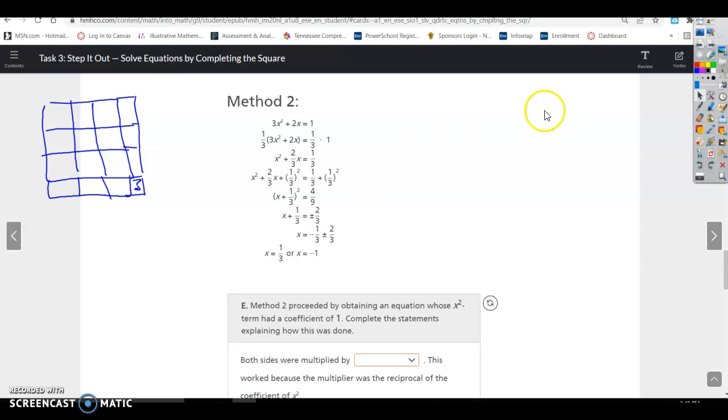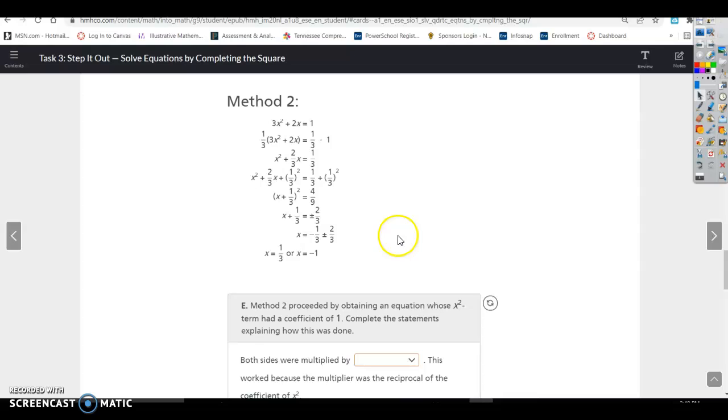All right, now let's look at the second method for solving using completing the square. So 3x squared plus 2x equals 1 is the same equation from method 1. This time, instead of multiplying the whole thing by 3, we're going to divide the whole thing by 3, or multiply by 1/3, which is the same as dividing by 3, to get a coefficient of 1 in front of my x squared.